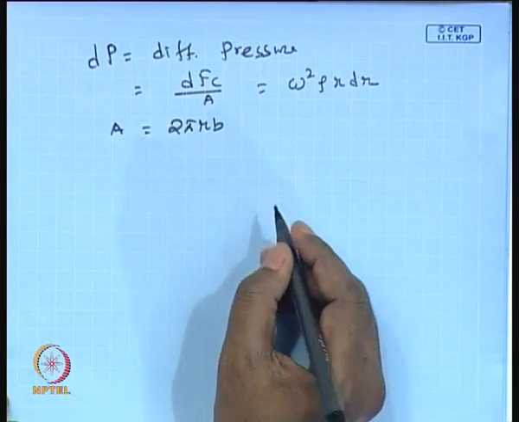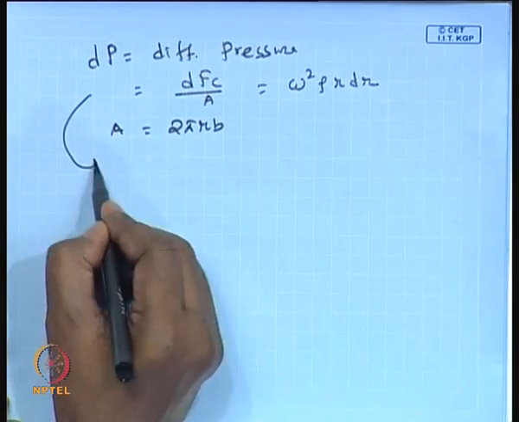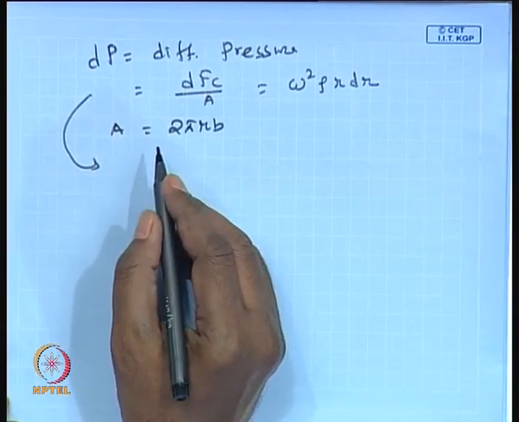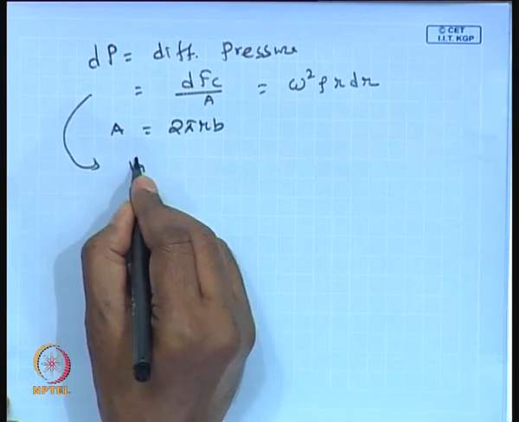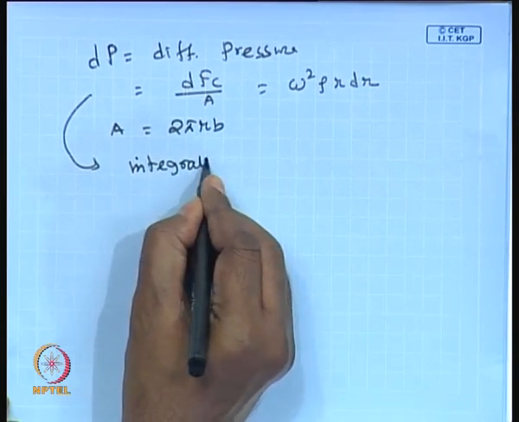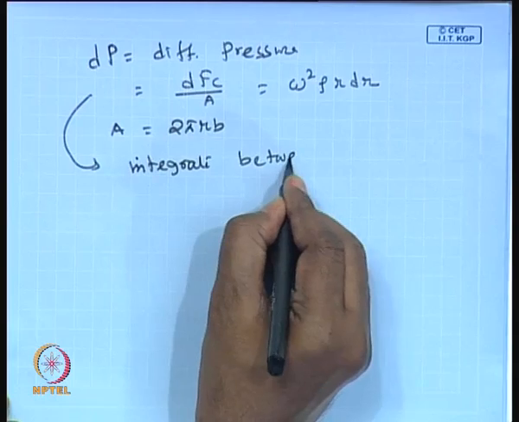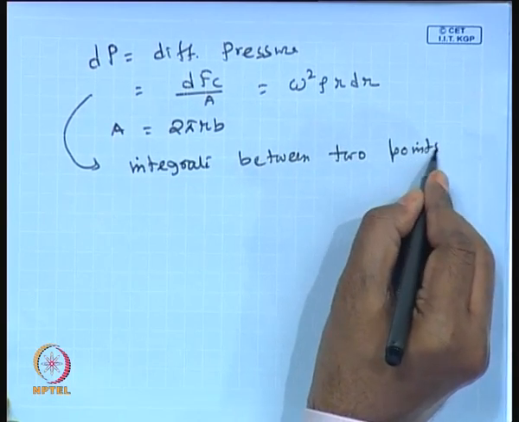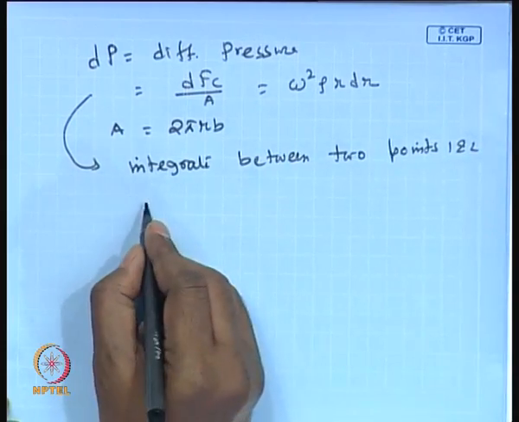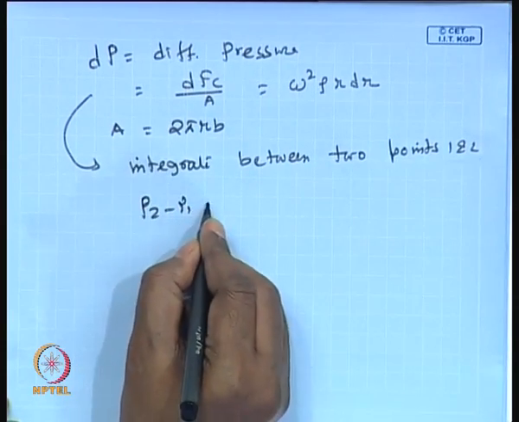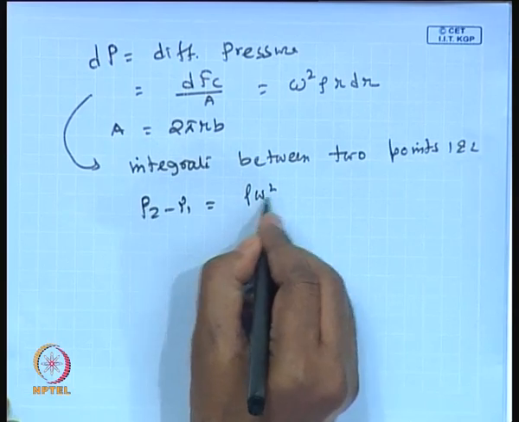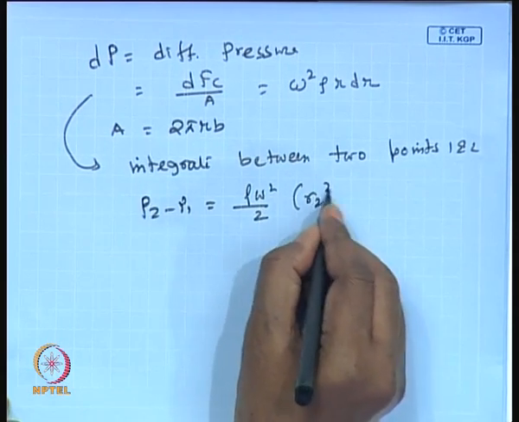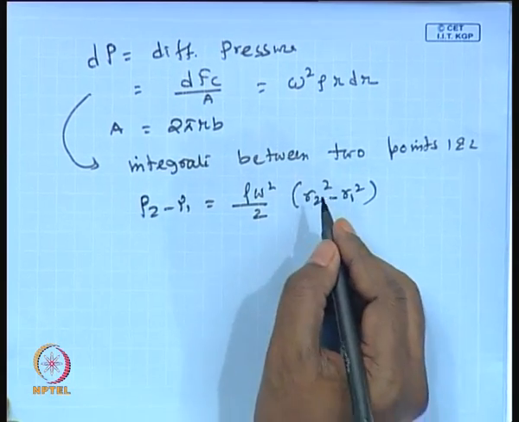Okay. Now, you can integrate this equation between 2 points 1 and 2, the pressure difference, and you will be getting P2 minus P1 is nothing but rho omega square by 2 times R2 square minus R1 square. Okay.